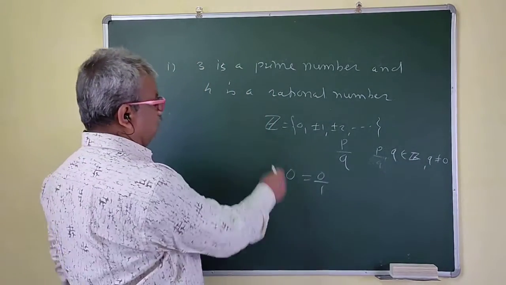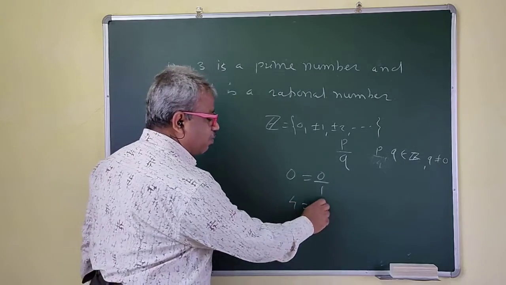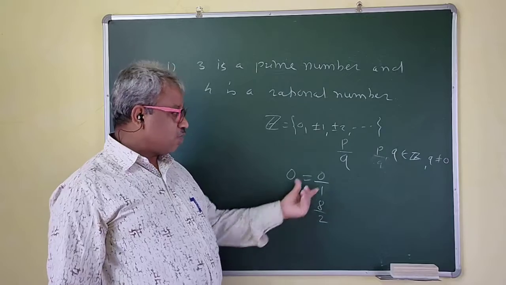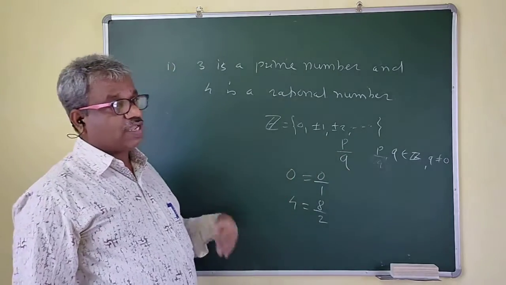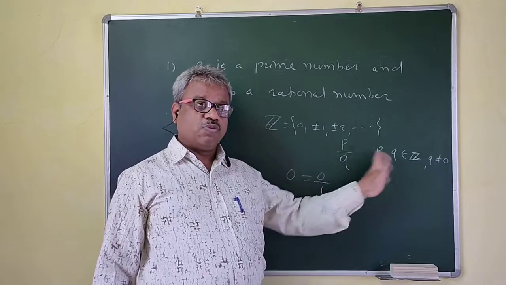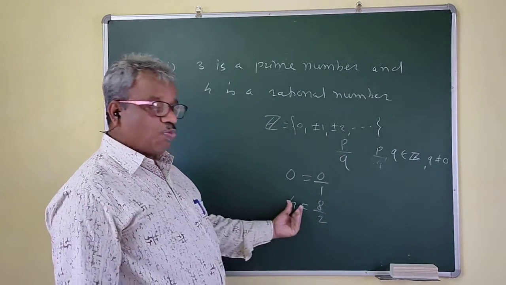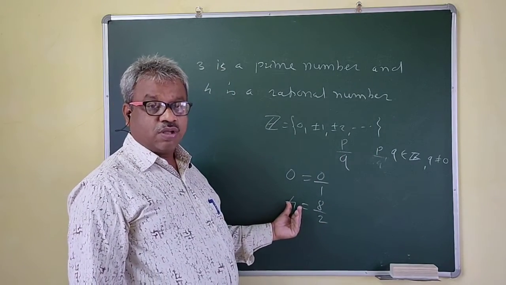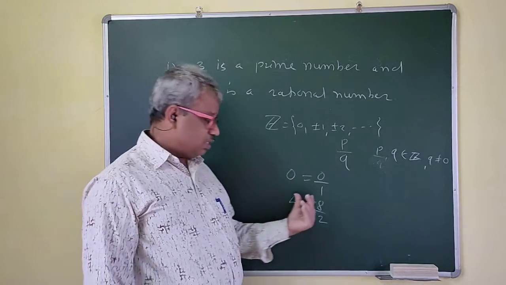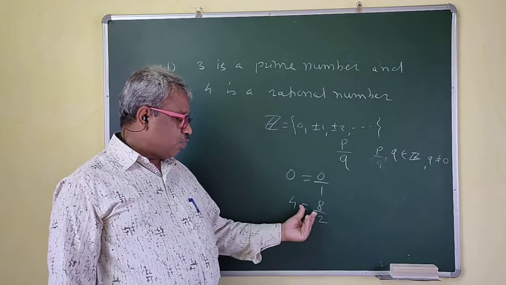Now here we have 4. I can write 4 as 8 upon 2. No, 4 is not of the form p by q. So what is the definition of a rational number? A number which can be expressed in the form p by q, where both p and q are integers. Now 4 is not in the form p by q, but can you express it in that form? Yes.